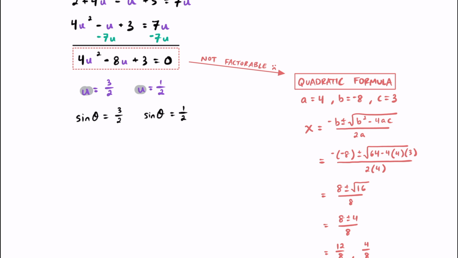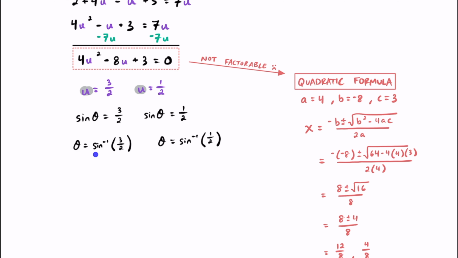For solving this first equation on the left, if we're trying to find theta by itself, theta would be equal to arc sine of this 3 to 2 ratio. And for our second equation to the right, if we want to isolate theta, we can use that arc sine function again and say theta is equal to arc sine of that 1 to 2 ratio.